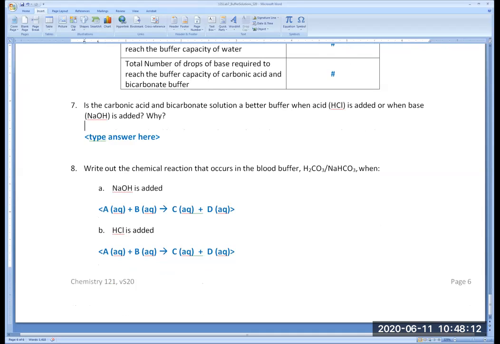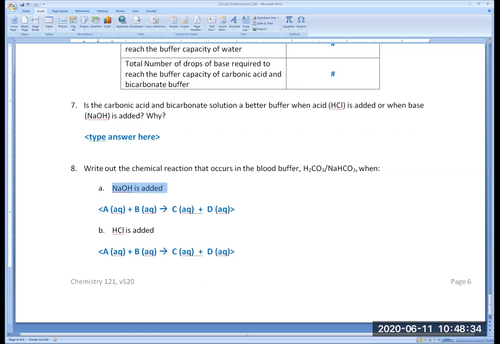And then question 8, you need to write the chemical reactions that occur in the blood buffer. So again, H2CO3 and NaHCO3, the carbonic acid bicarbonate buffer. So what happens when NaOH is added? So that's what a buffer does.